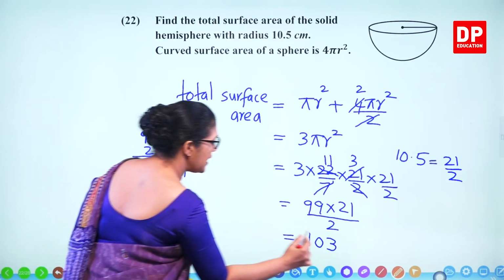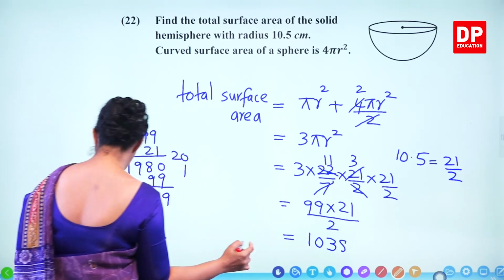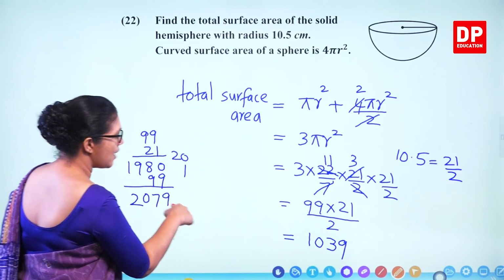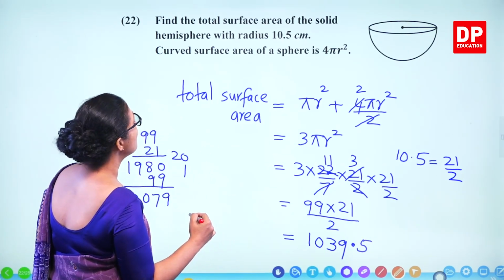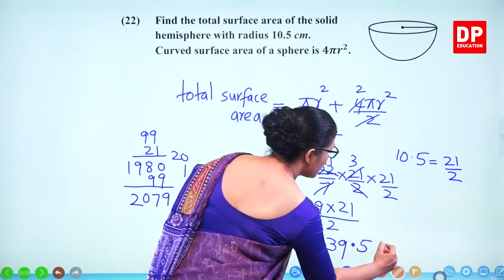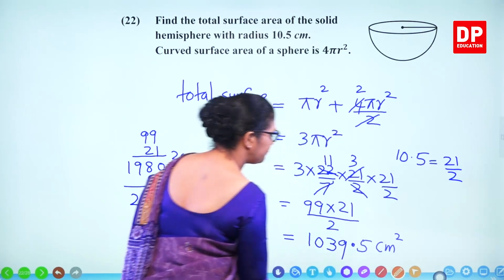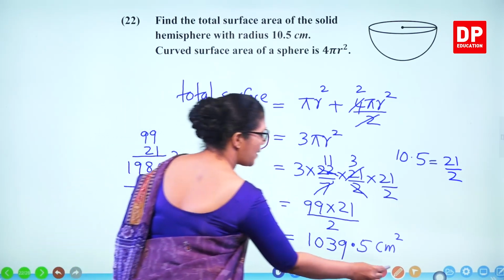And for 19, that's 8. 2 times 9. 18, and for 10, that's 5. So 1039.5 centimeters squared is the total surface area. So you get 1 mark here and 1 mark for the method.